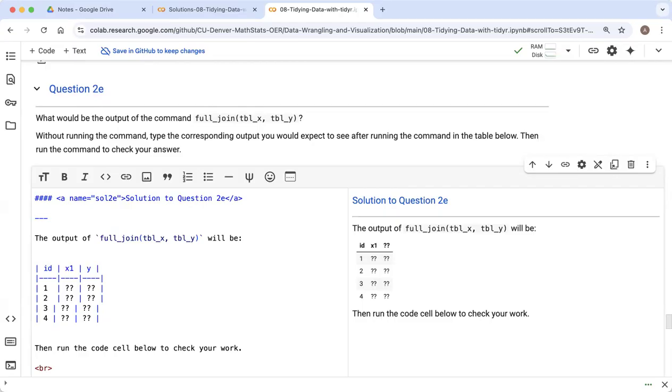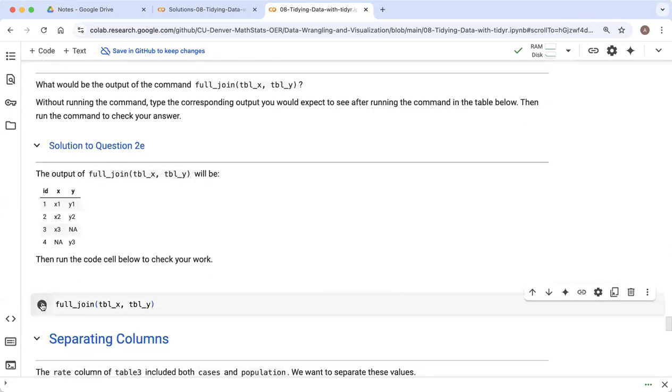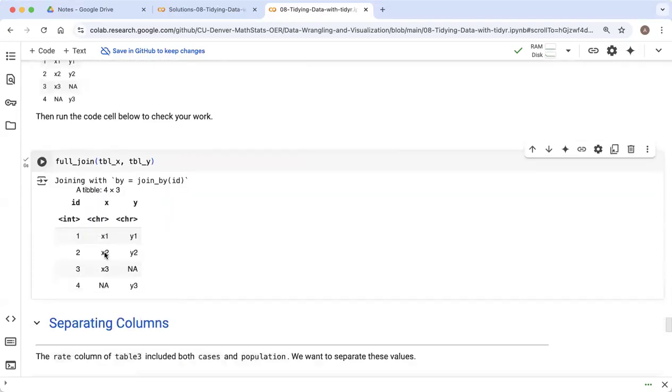And if there were any values that it's unable to fill in, it'll just give it a missing value. So it had an X value for ID 1, 2, and 3, but not for 4. And it had a Y value for ID 1, 2, and 4, but not for 3. So the result should look like this, and we'll have 4 rows of data in the end, and that is exactly what we're getting there.